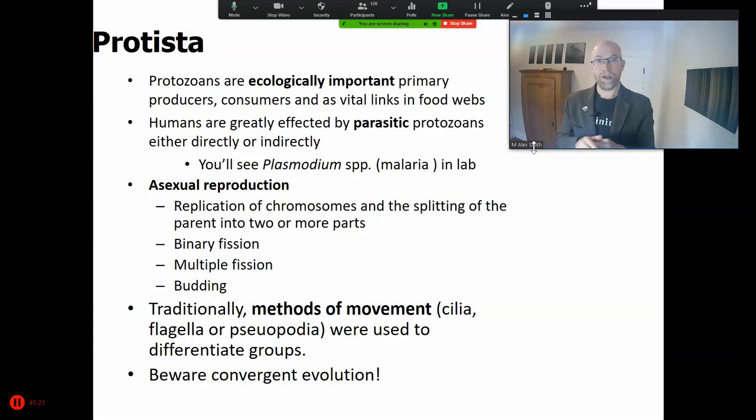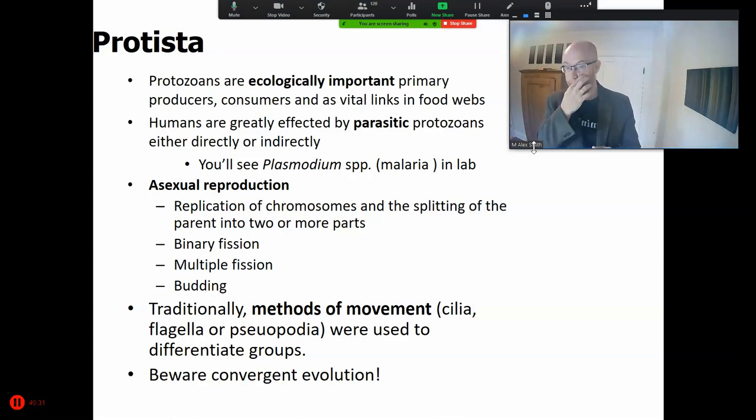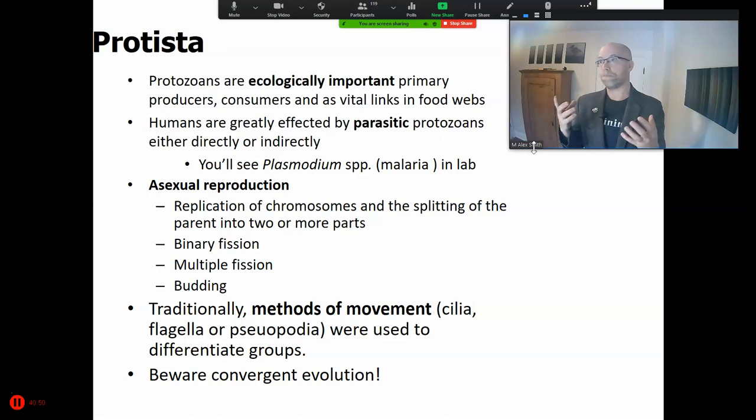And traditionally, how they moved, whether it was with flagella, with beating cilia, or with extensions of pseudopods, was really the tool that we used to differentiate groups. The advent of genetic technologies, as we've been able to look more directly at who's related to whom using DNA, has taught us that those methods of movement, ciliary beating, flagella beating, and pseudopod extensions, are traits that have evolved convergently multiple times.